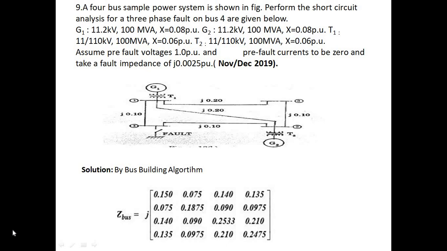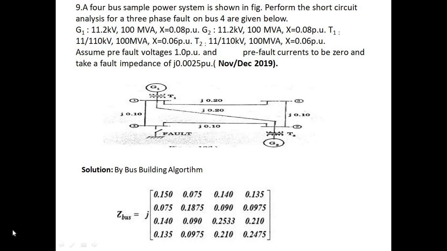Then transformer 2, 11 per 110 kV, 100 megavolt ampere, reactance of 0.06 per unit. Assume pre-fault voltage 1.0 and pre-fault current to be 0, and take the fault impedance. That is the solution by the bus building algorithm.